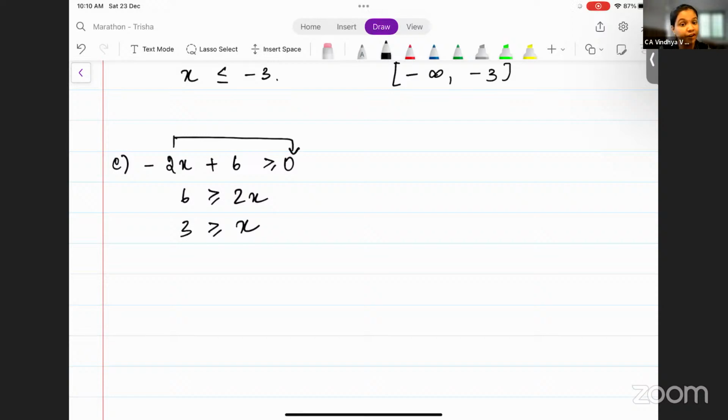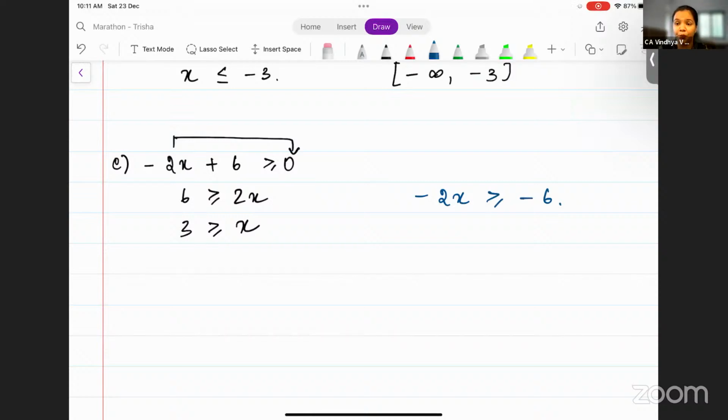Okay, this is one method of solving this. But had you not shifted the minus 2x and had you shifted the plus 6 to the other side, you would have got minus 2x greater than or equal to minus 6.